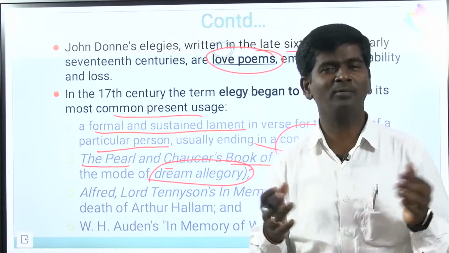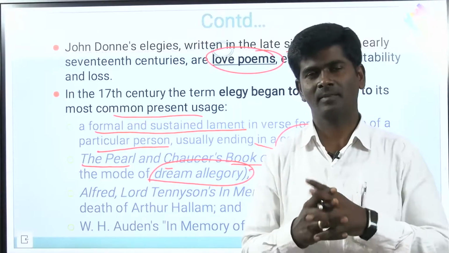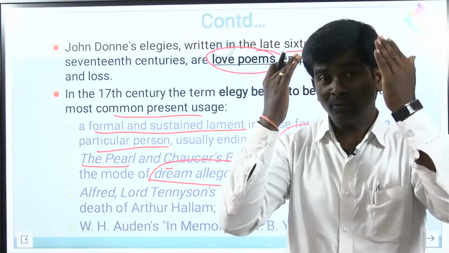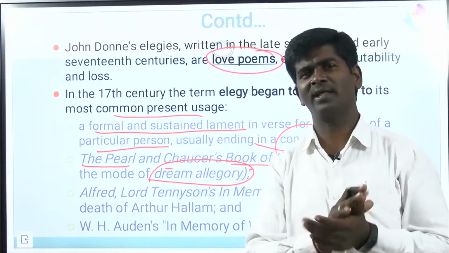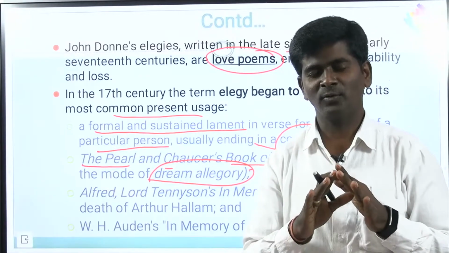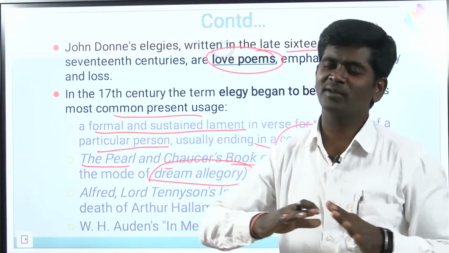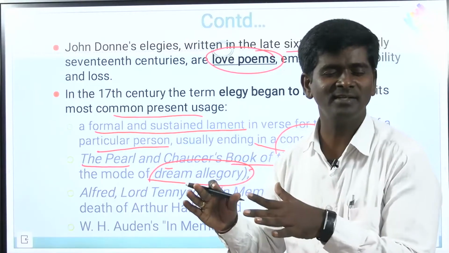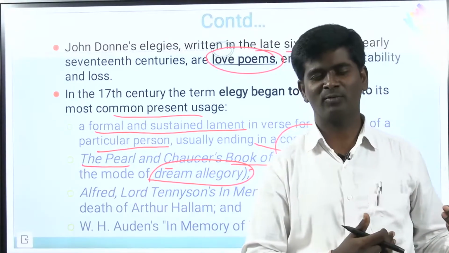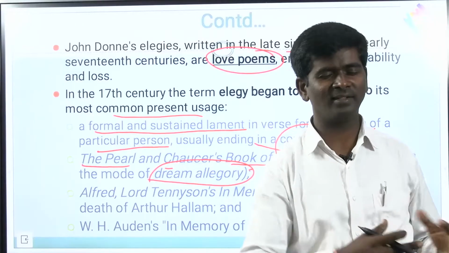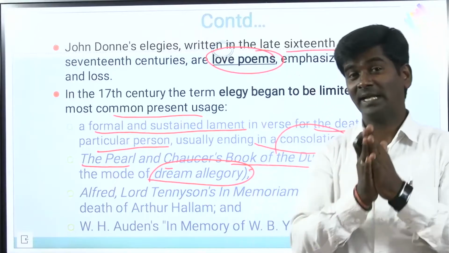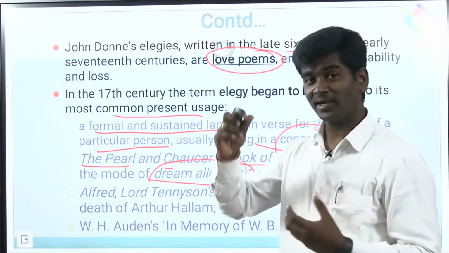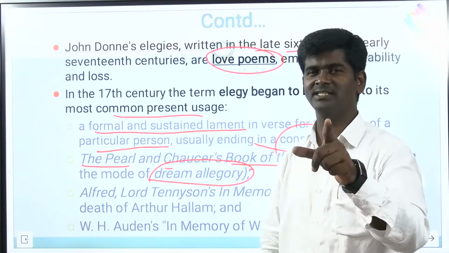But when you wake up in the morning, the person is alive. So, in your imagination, in your sleep, you can think of your own death. You feel as if you are dead and your dead body is taken away to the burial ground where you are buried, and your well-wishers and all other people come back and they weep for your loss. This kind of poetry also can be associated with elegy.